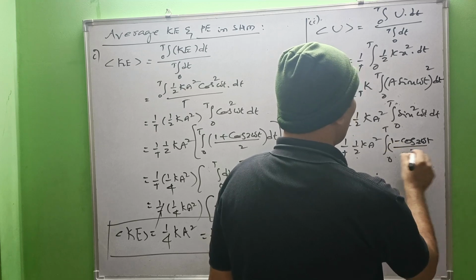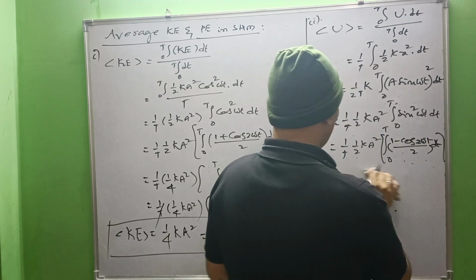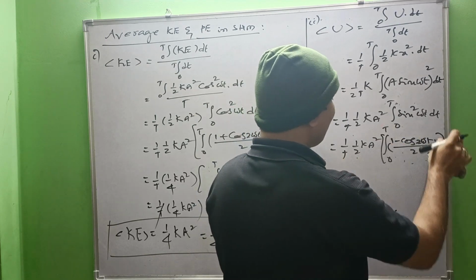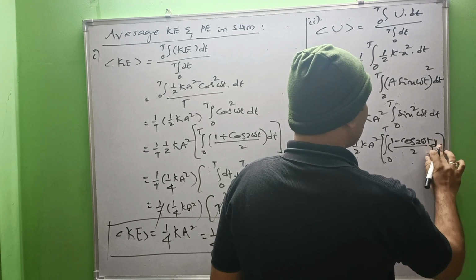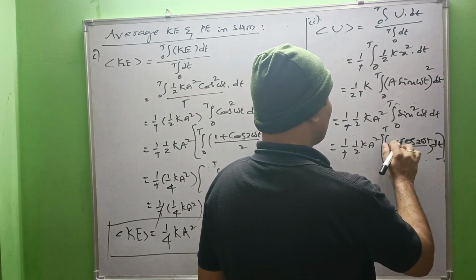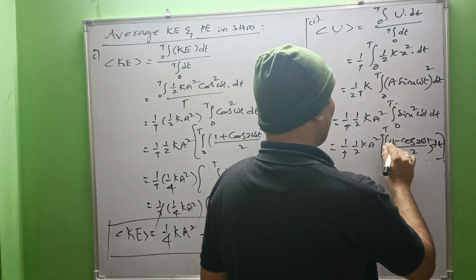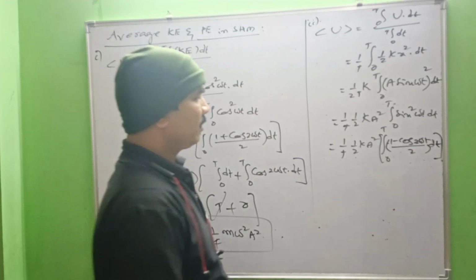Divided by 2 whole into dt. Here one more square bracket, because this multiplies the entire term. So integral 0 to T of 1 minus cos 2 omega t by 2 into dt.